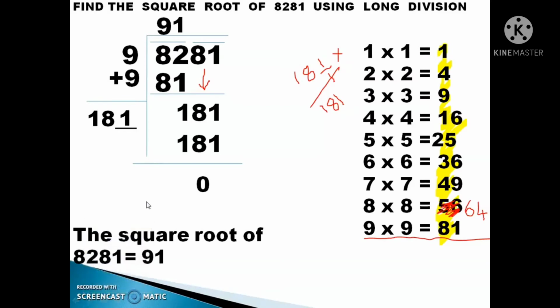So, we'll go for the second one and learn once again. I know students, it's a little bit confusing. After doing 3 or 4 problems, you will be thorough with the concept. It is the easiest method to find the square root of a number. Believe me. Next one.